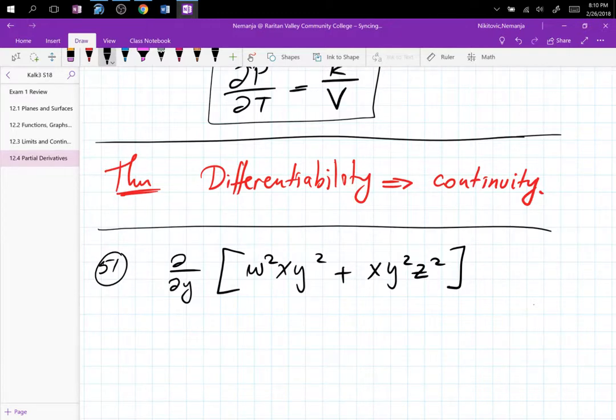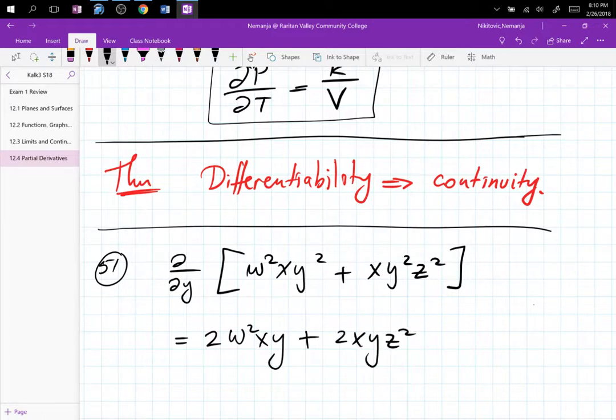So this was, no other problem: 2w squared xy plus 2xy z squared. That one. Now you can factor. Yes, we are going to set this equal to 0 and have it as one of the many equations to solve in a system of nonlinear equations to work out Lagrange multipliers, which are the version of optimization problems on steroids.